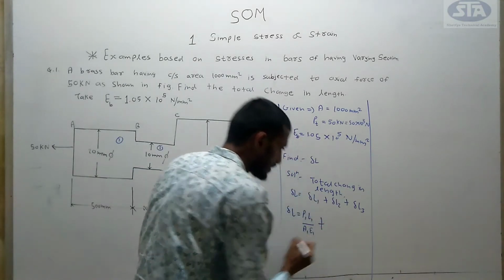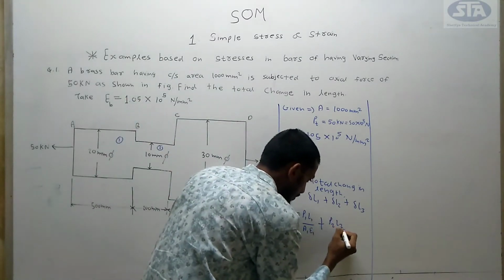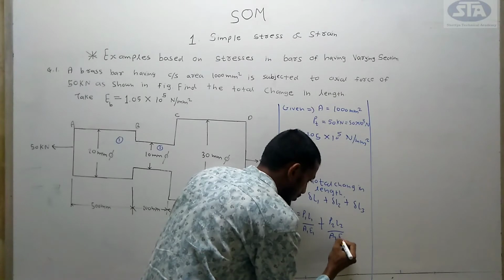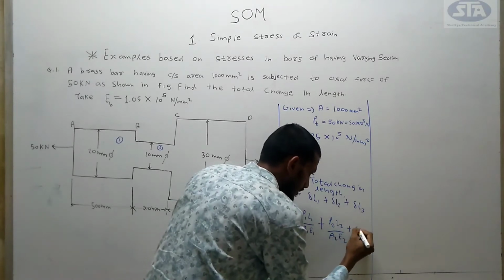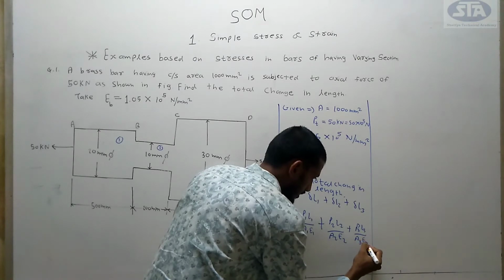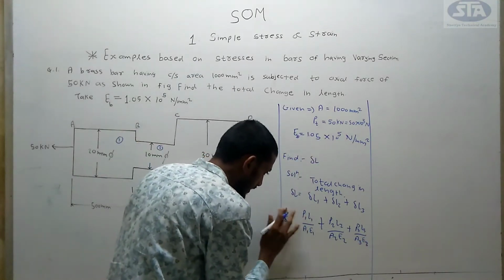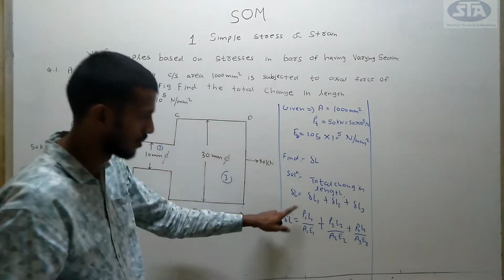Similarly for section 2, delta L2 is P2 L2 upon A2 E2, and for section 3, P3 L3 upon A3 E3. So this is the total change in length.